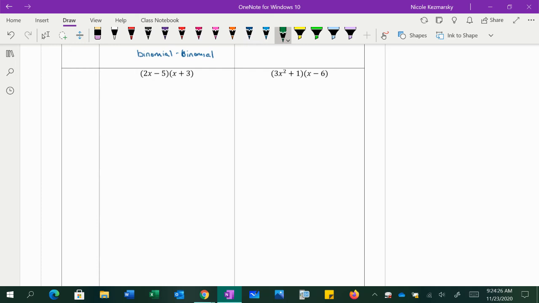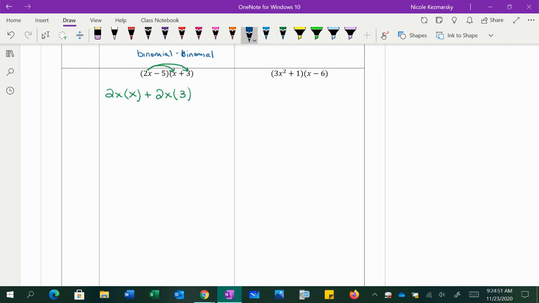I'm going to do 2x times x and 2x times 3. So I'm just doing the 2x first. So I'm going to say 2x times x, and then plus, because there's a plus inside the second parentheses, 2x times 3.